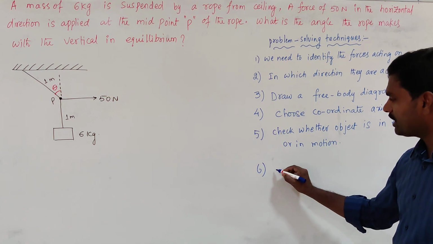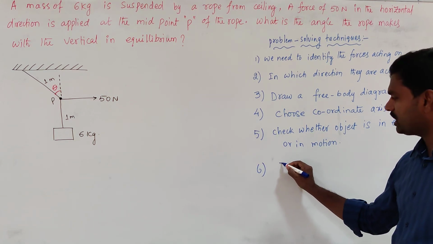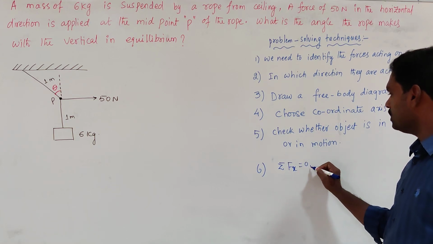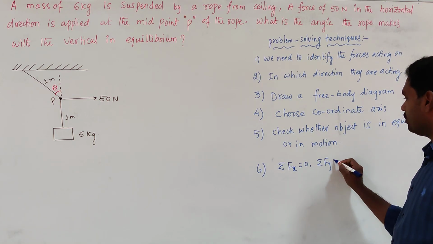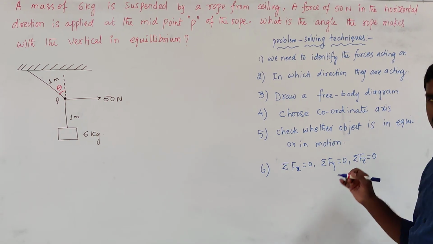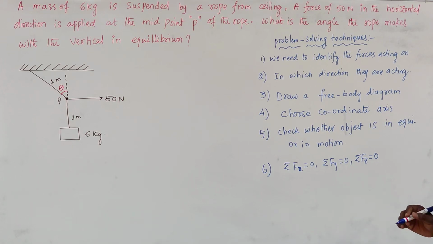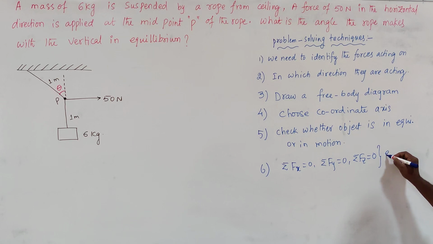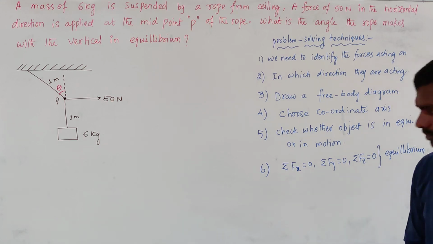If the object is in equilibrium, we know the conditions for equilibrium are sigma fx equal to 0, sigma fy equal to 0, and sigma fz equal to 0, that we have discussed in the first class of laws of motion. We need to apply Newton's first law of motion if the object is in equilibrium.